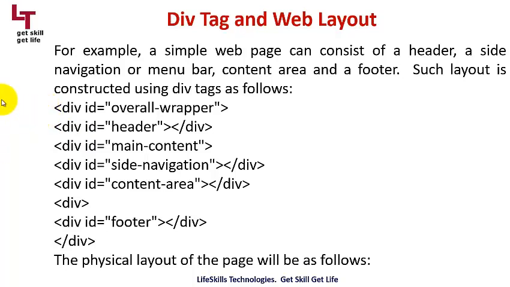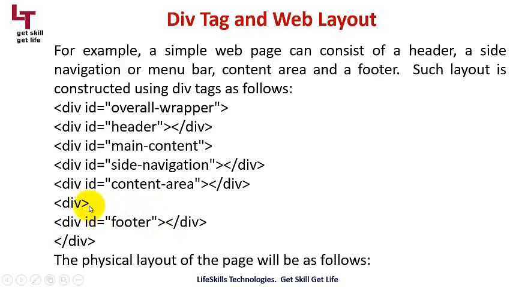Now, here, I'm trying to divide this site into 5 areas, and I put all those 5 areas inside the wrapper. I call it overall wrapper. I create a div and I give it ID called overall wrapper. Then inside it, I have a div with ID called header, another one main content, another one site navigation, content area, then the footer.